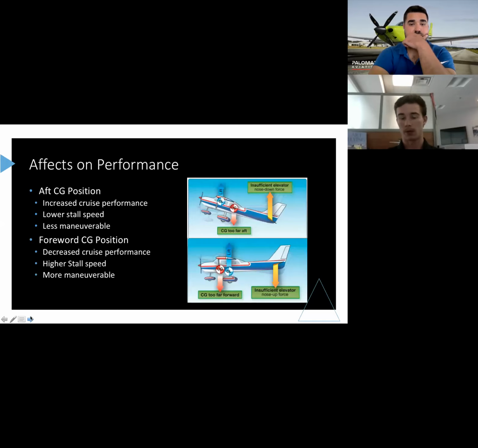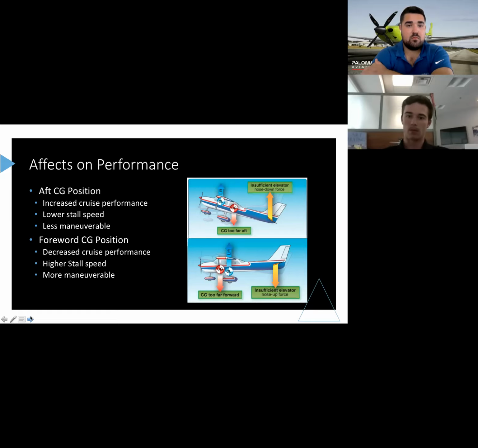Now, some additional effects on performance when we're talking about CG position. The CG is typically built to be behind the center of lift, as we can see in the two pictures that I have here from the Airplane Flying Handbook. So the center of gravity is located behind the center of lift so that the elevator produces a nose down force, so essentially creating downward lift on the tail to keep the tail down.